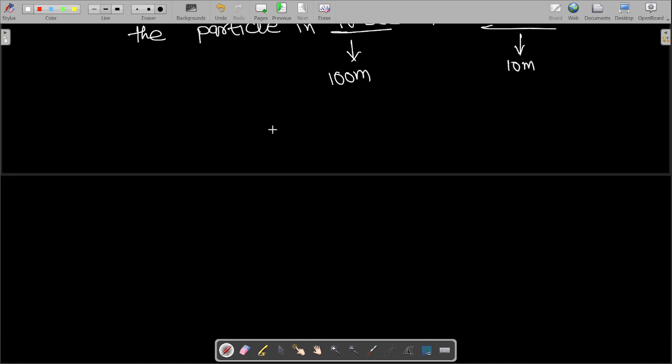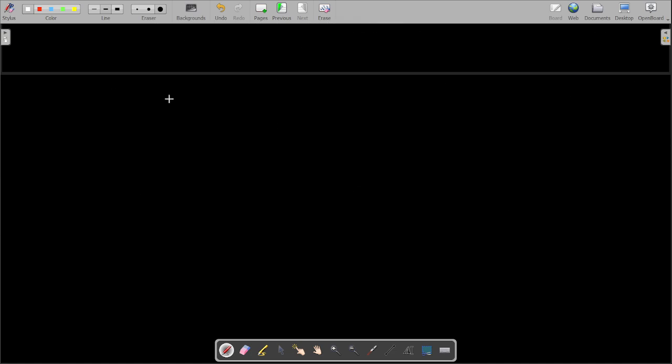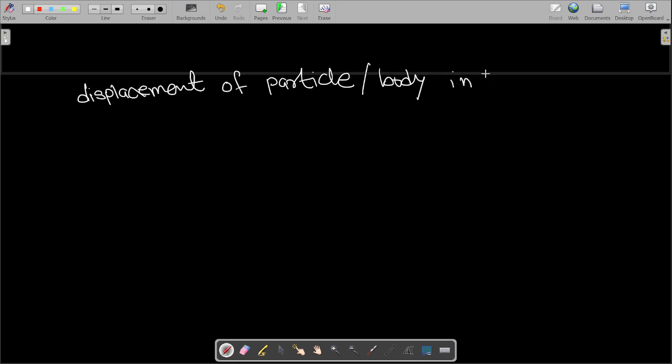Now see the most important formula of the kinematics, that is displacement of particle or body in nth second. I am not going to the derivation.